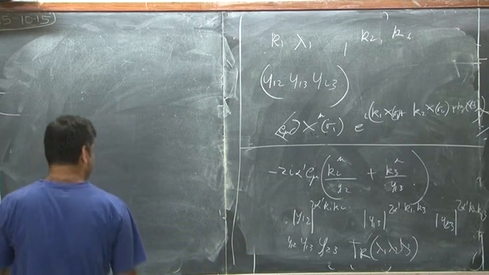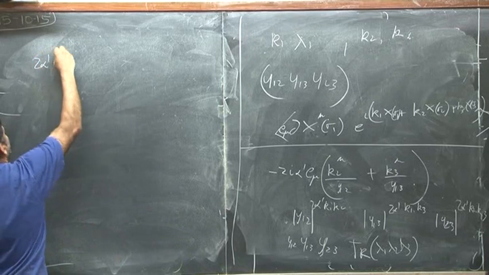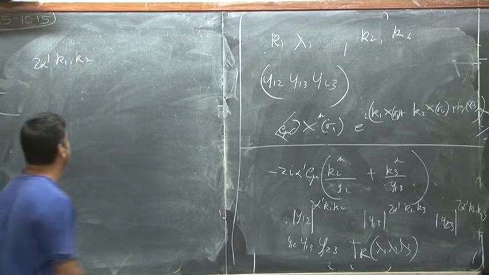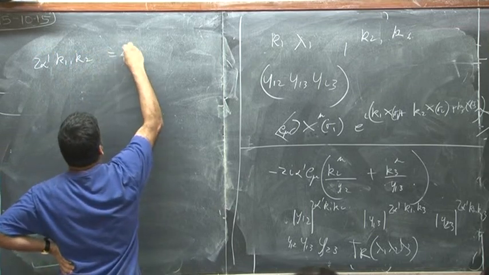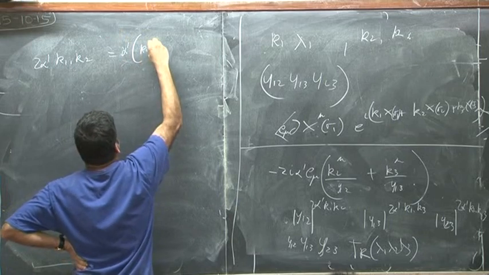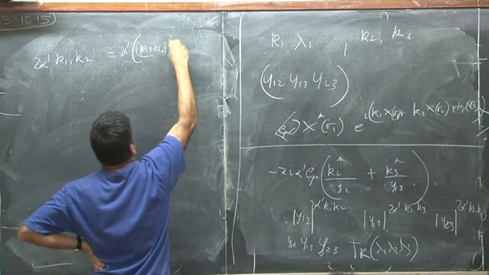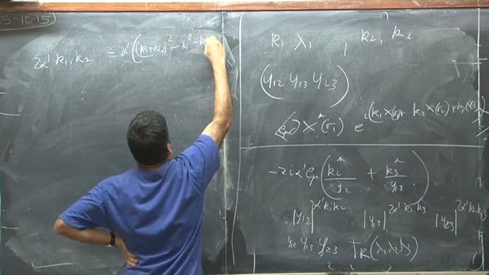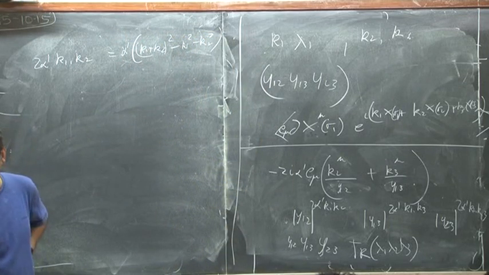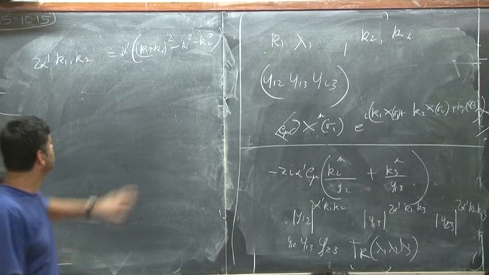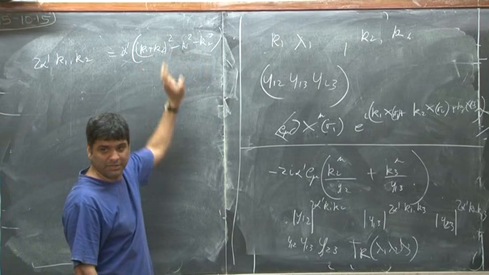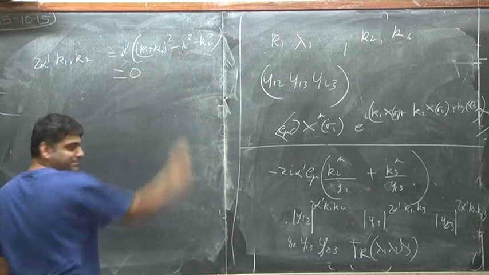So let's compute each of these. 2 alpha prime K1 dot K2 is equal to alpha prime times K1 plus K2 whole thing squared minus K1 squared minus K2 squared. K1 plus K2 is K3. 3 and 2 are tachyons. K1 squared is 0, so this cancels this to get 0. So this is equal to 0.